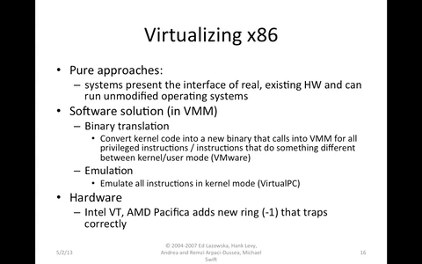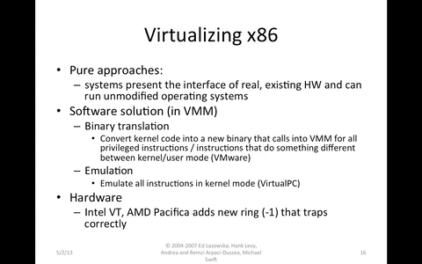So what VMware would do here is take this code and rewrite it to insert an instruction that will force a trap into the hypervisor, into the virtual machine monitor, sorry.